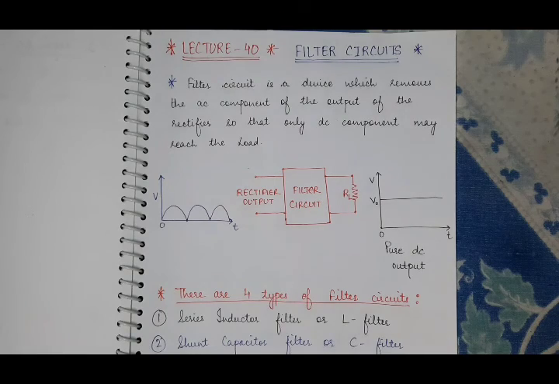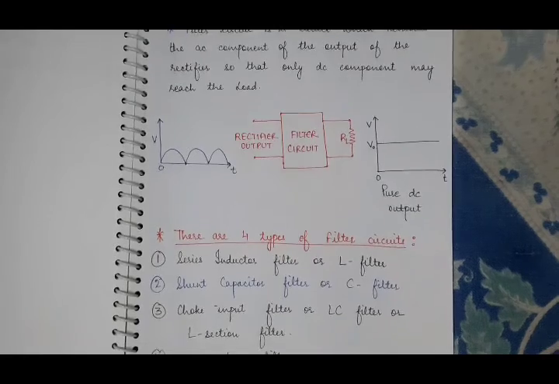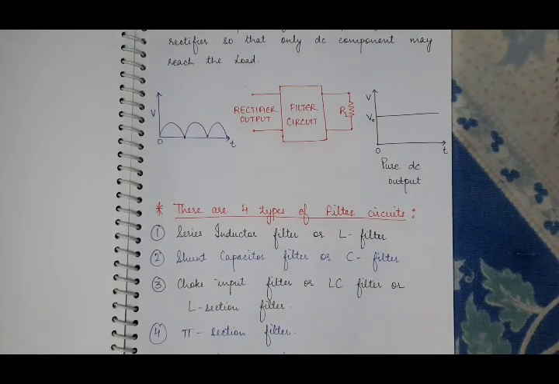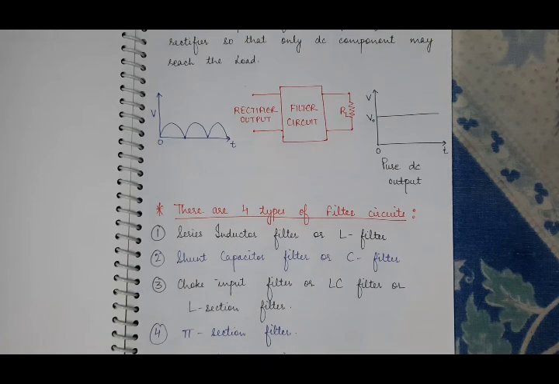Now there are 4 types of filter circuits, and we will discuss them one by one. The first type is the series inductor filter, also known as the series L filter. The second type is the shunt capacitor filter, or C filter.